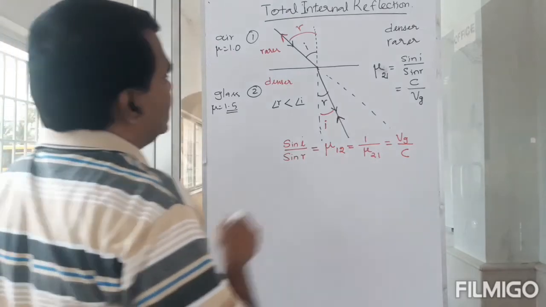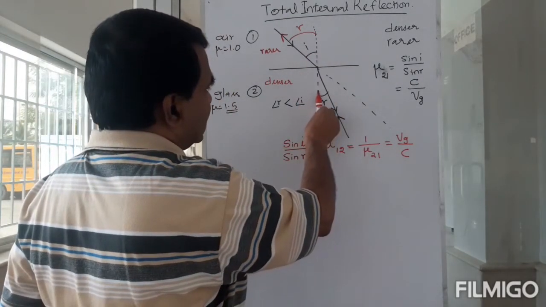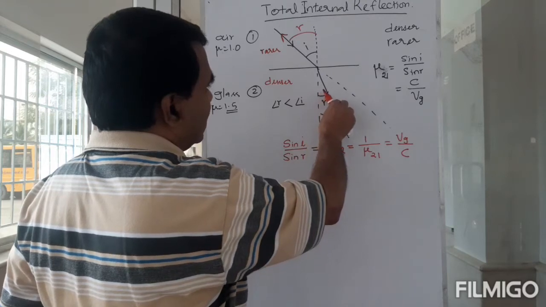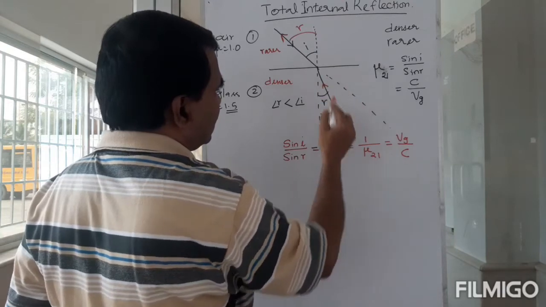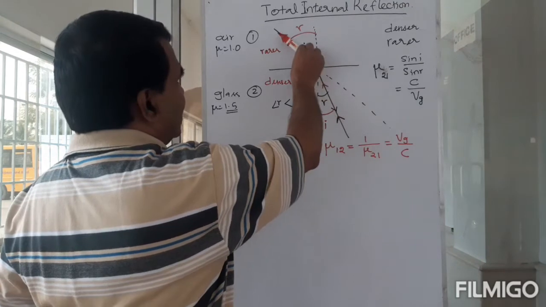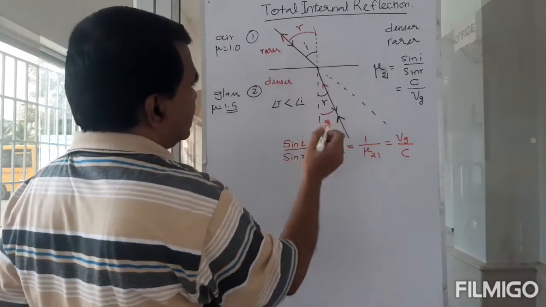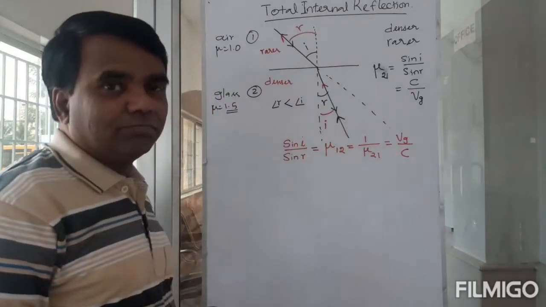Okay? So this will go straight. But notice, then I make an angle I here. Right? So this is the angle I. Then I get an angle R. And notice now that this R is greater than I.